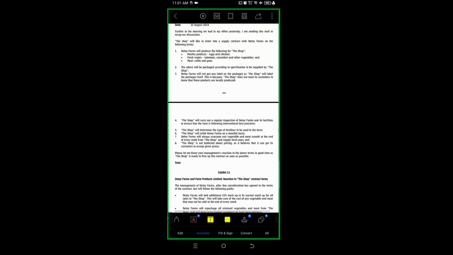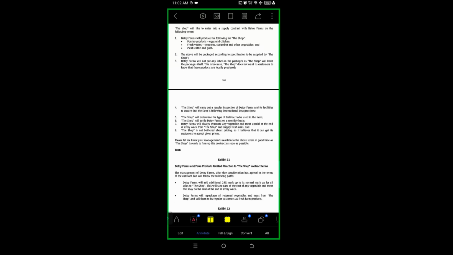Basically, there is no computation to be done here. It means that we just need to look at the terms one after the other and identify issues, maybe where the terms may not be favorable. We should identify those terms that may not be favorable to your client, DFFP, and those that may be favorable to them that they should quickly accept, right?